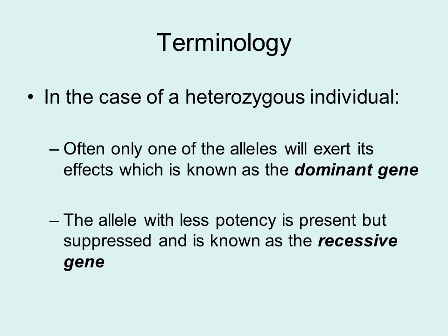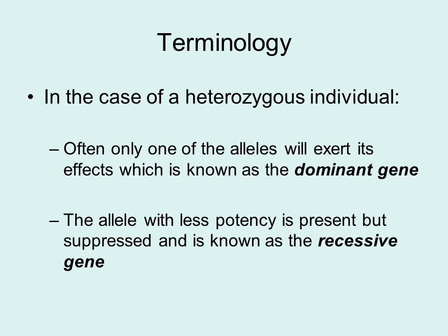When you have an individual then who is heterozygous for a particular trait, such as eye color, we also use the terms dominant and recessive. Now, when you're heterozygous, the two alleles are different. So say for eye color, one is brown and one is blue. The dominant gene is the one that you would see.